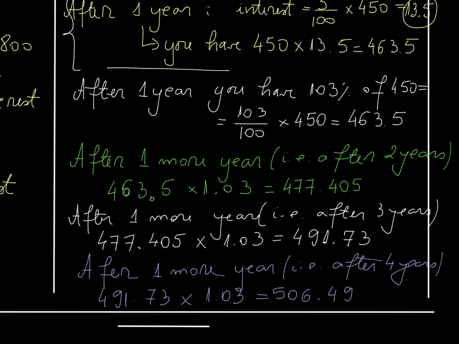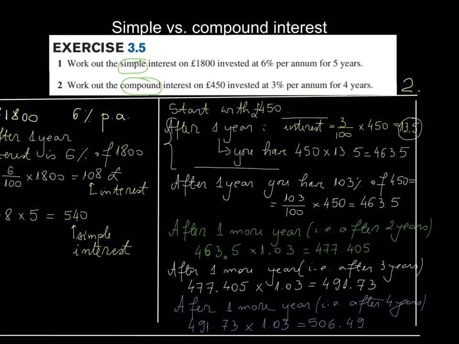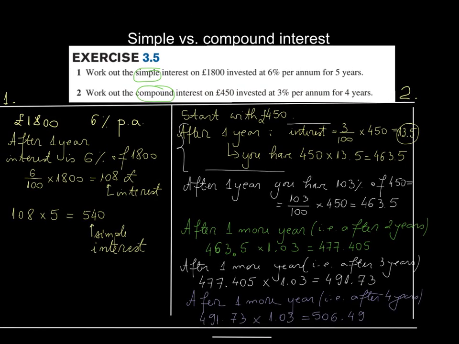Yeah? So see how you started with 450 and your interest is not every year the same, and you end up with 506.49. The total interest the bank gives you is 506.49 take away 450.